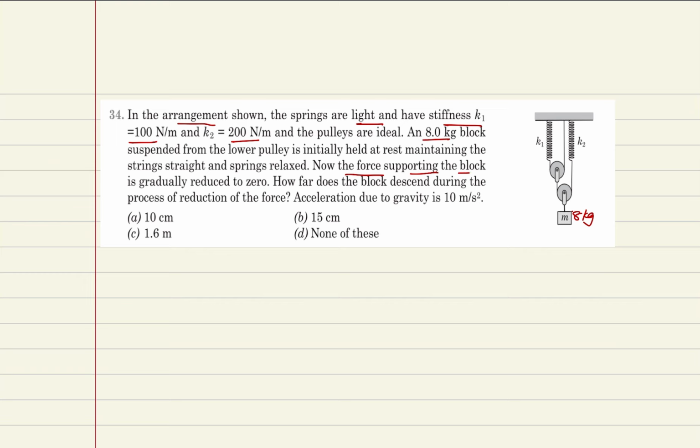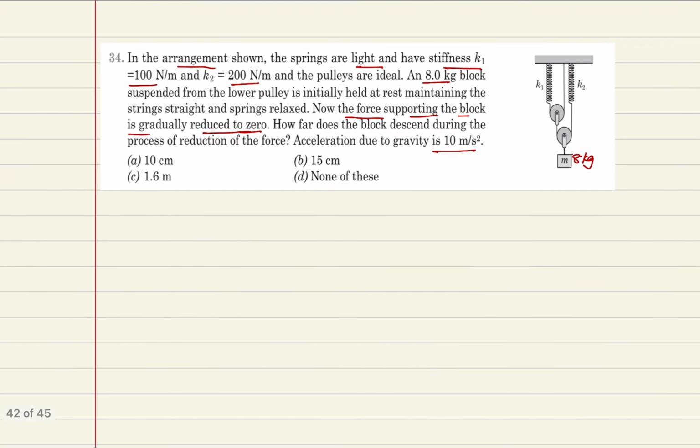Now, the force supporting the block is gradually reduced to zero. How far does the block descend during the process of reduction of the force? Acceleration due to gravity is 10 meter per second square.